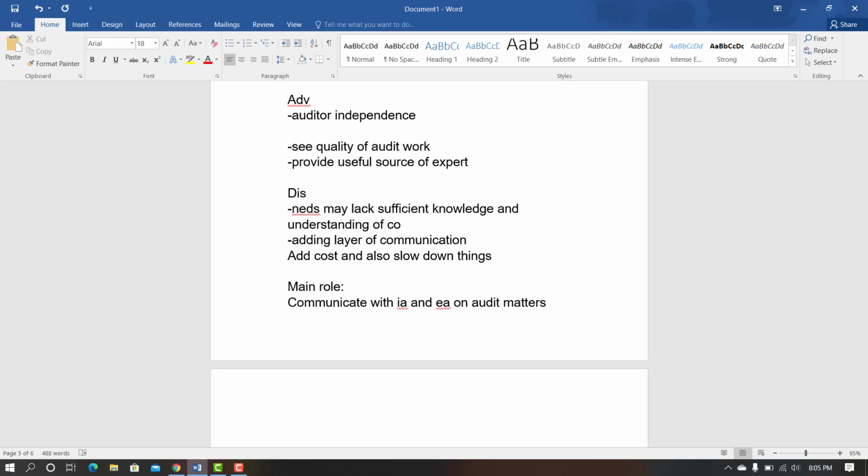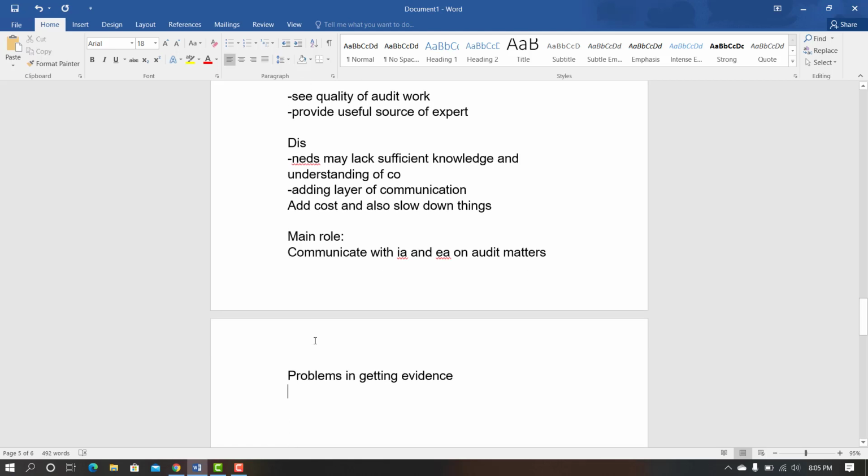And another is, what will be the problems in getting evidence. Problems in getting evidence may be due to independence issues. Another is modifications of the audit report.